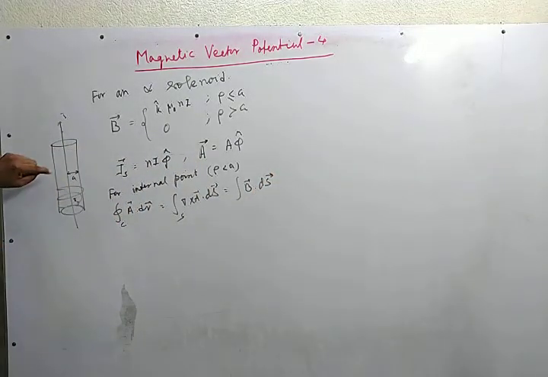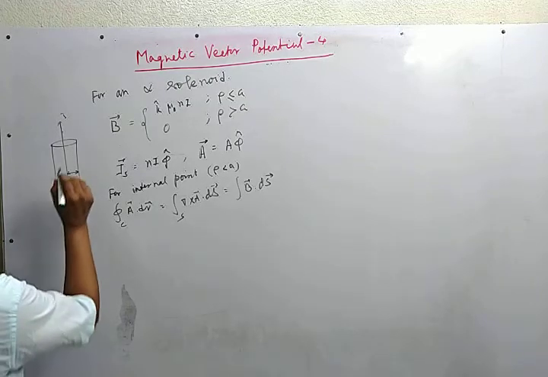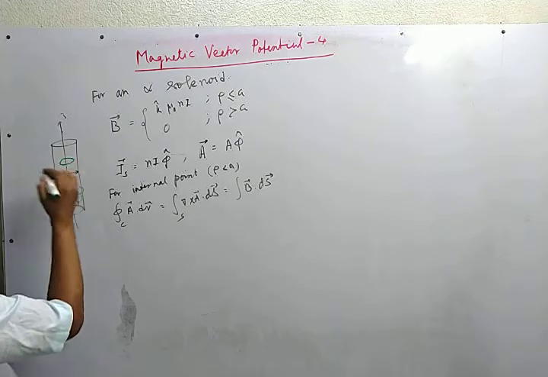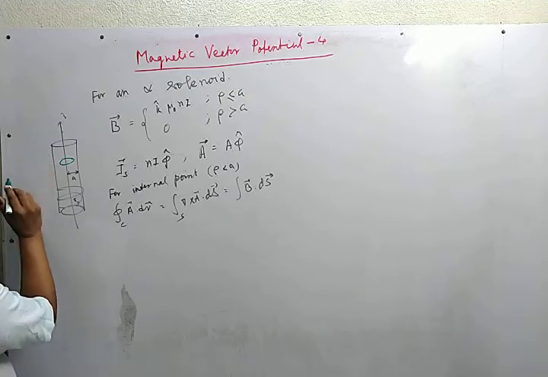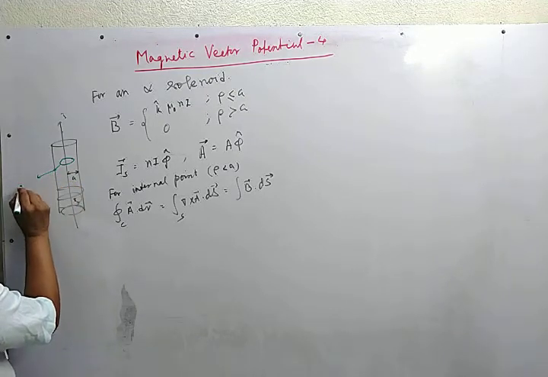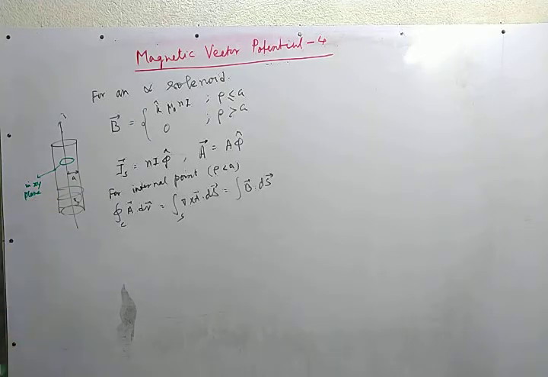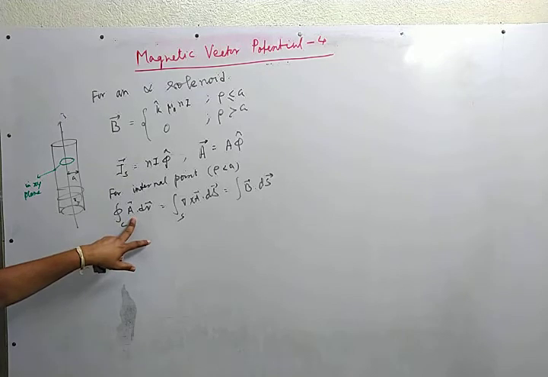If we want to find the magnetic vector potential at a distance rho from the center, we assume a circular path of radius rho such that the center of the circle lies on the axis and the plane is perpendicular to the z axis. So the circle is in the xy plane. At every point on the circle, dr is along the phi cap direction and A is also along the phi cap direction.